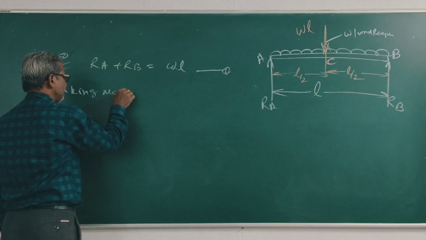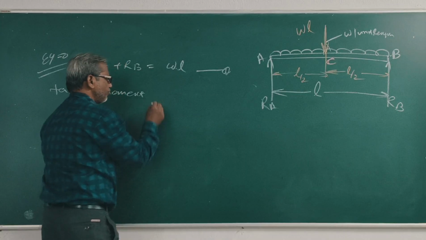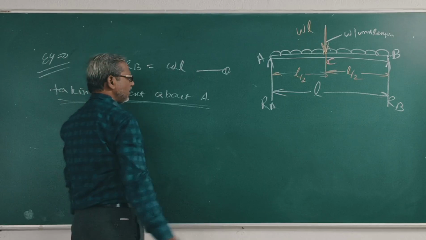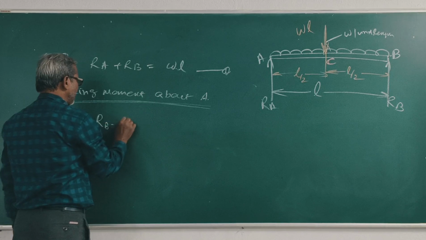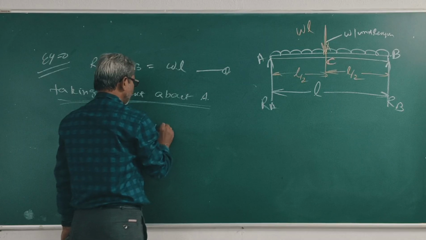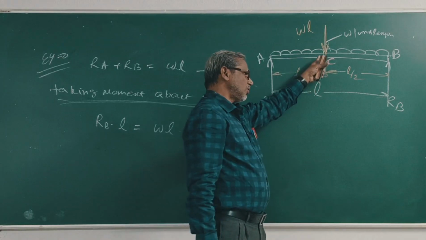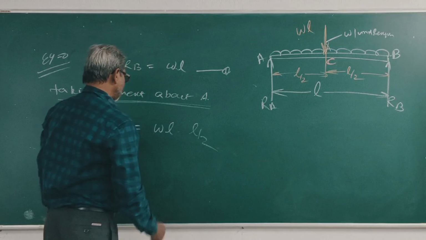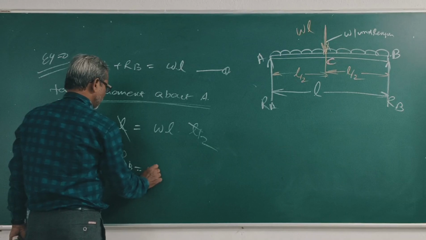Taking moment about A, RB into L is equal to wL into L by 2. Now L and L cancel out, so RB is equal to wL by 2.